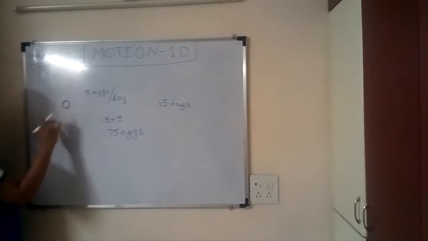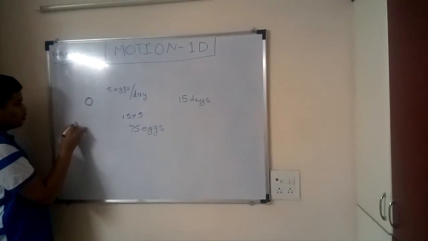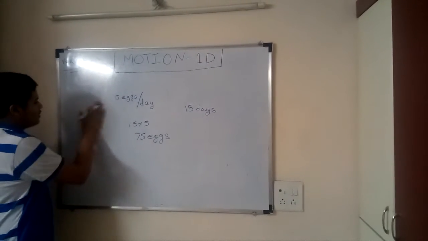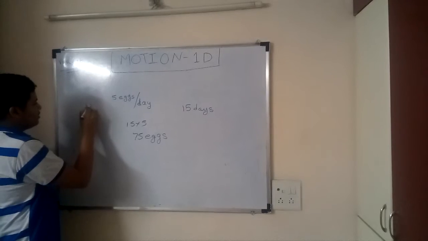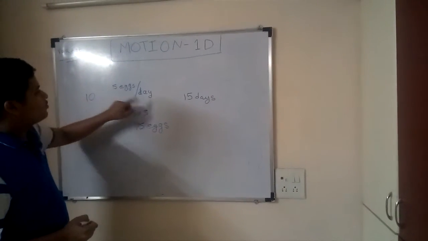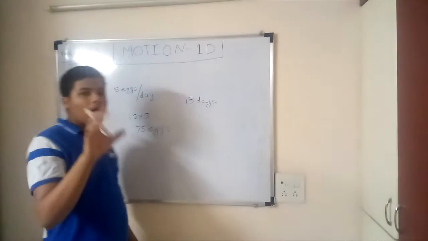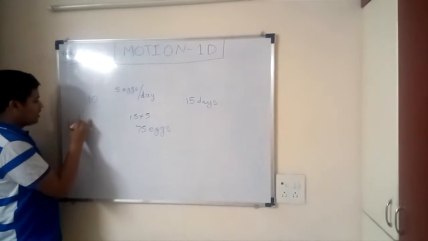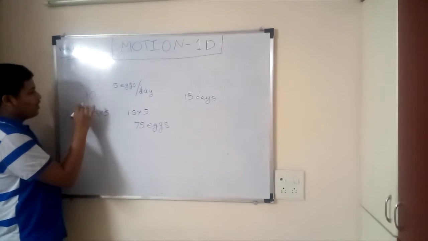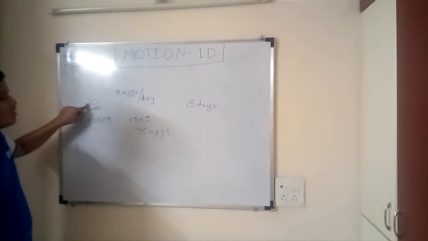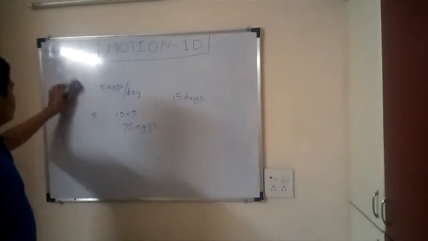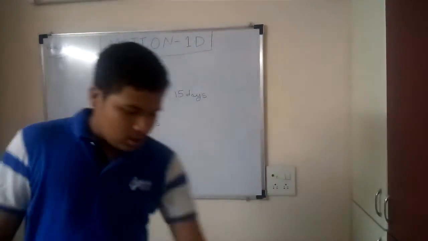Now this was acceleration. First you added 0 because the initial velocity was 0. If I say that I had 10 eggs initially, and from that day I started adding 5 eggs per day for 15 days, how many eggs would I have? That means 10 plus 15 into 5. If I had 10 eggs initially, that was my initial value. But in this case my initial value is 0 because I have no eggs right now.